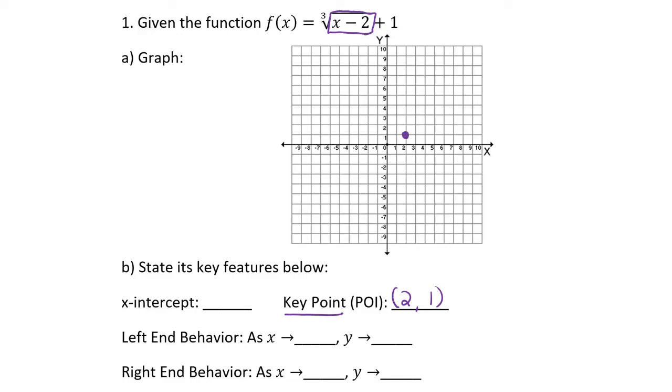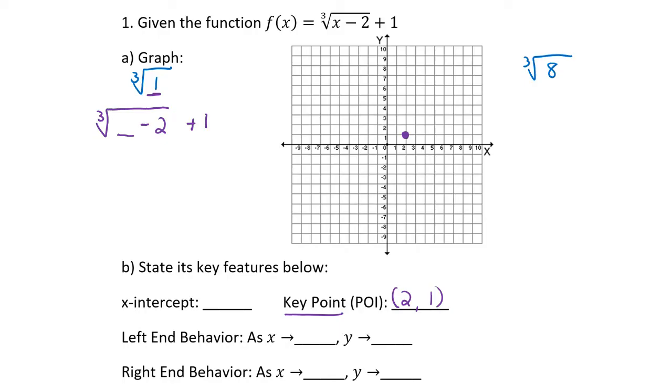From there, we want to go ahead and try to create a cube root of 1 and a cube root of 8. So what I mean by that is, if I have the equation up there, some number minus 2, plus 1, we're trying to make what's inside the radical equal 1.